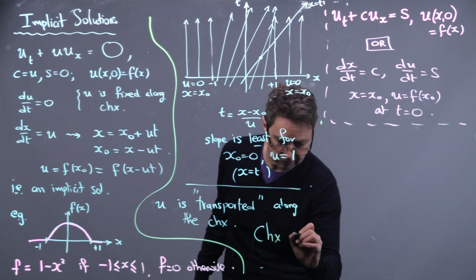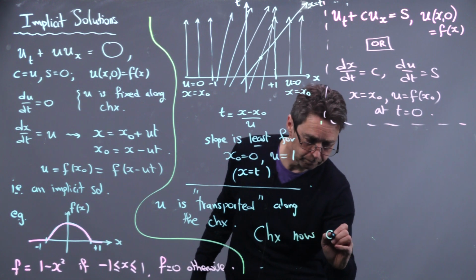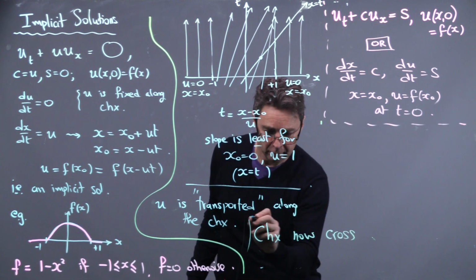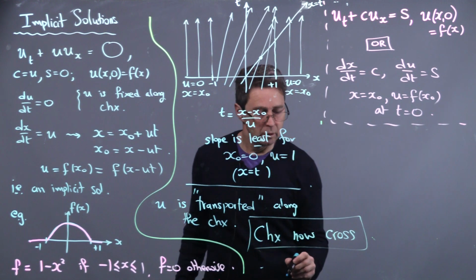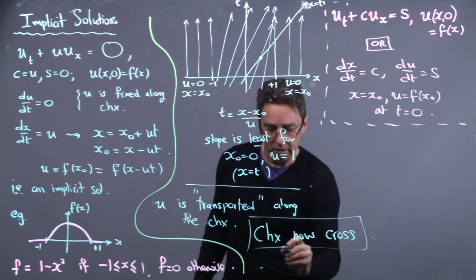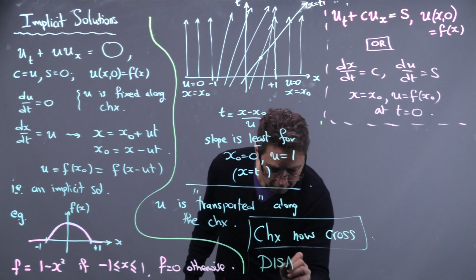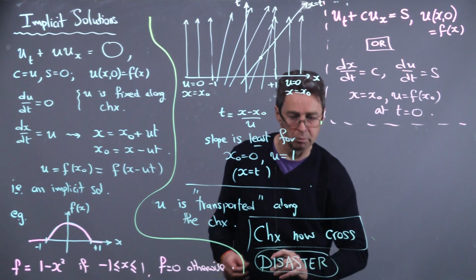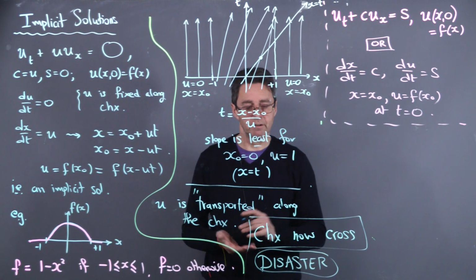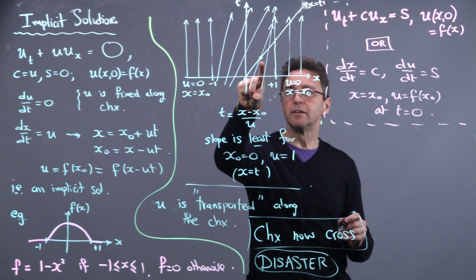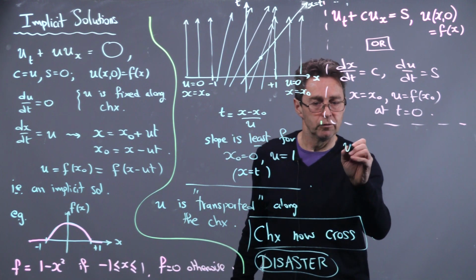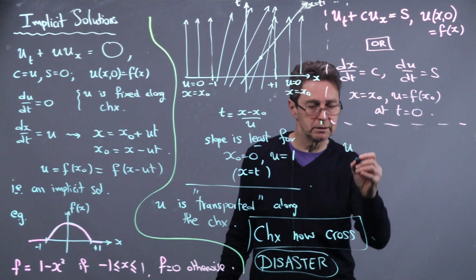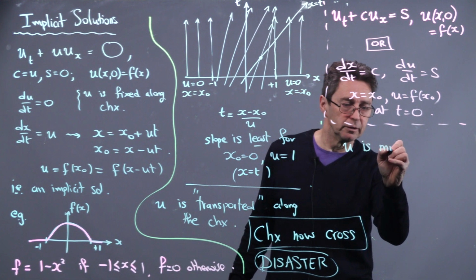So the characteristics now cross. That's a disaster. Something's gone horribly wrong, because there are now two, here there's two values for u, for each point in space and time, u is multi-valued.